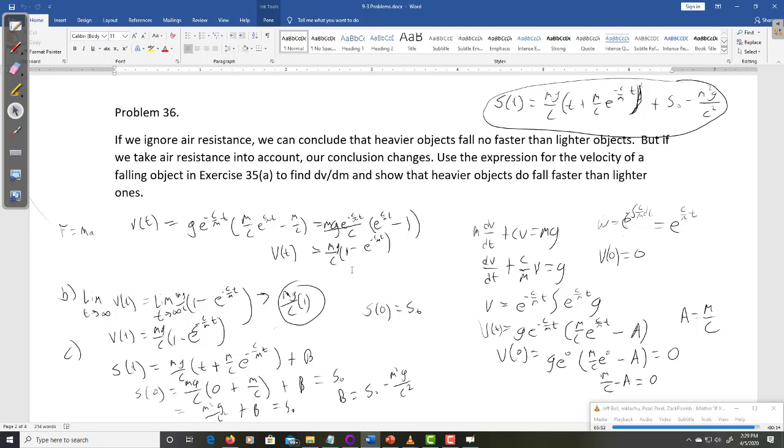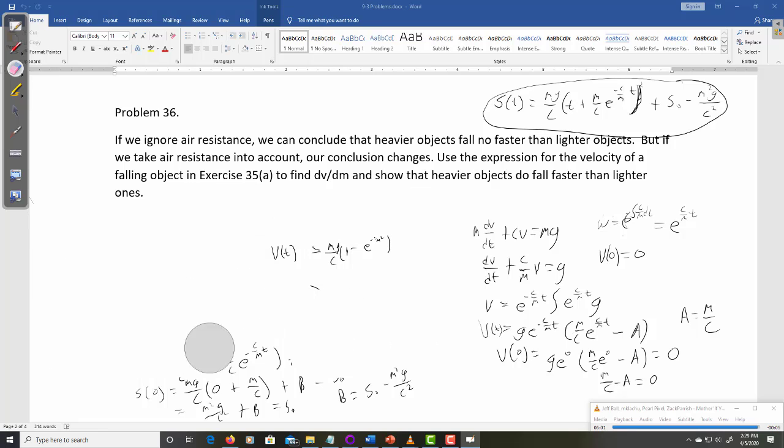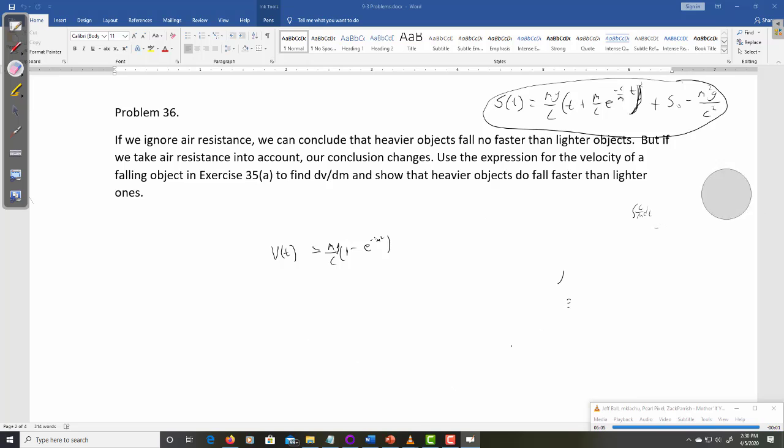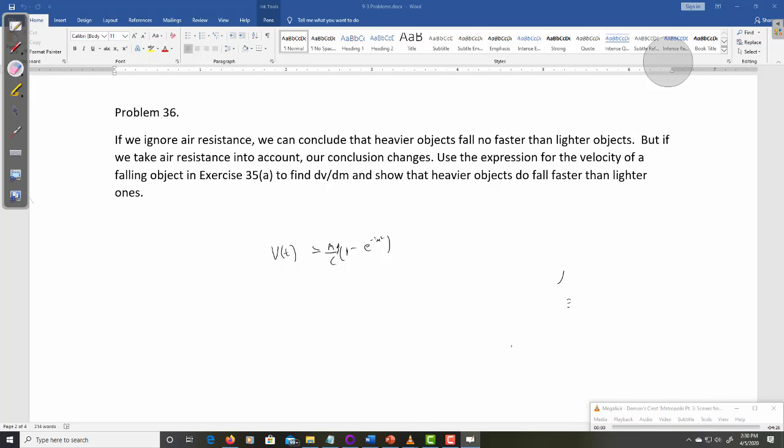Alright. Let's do some erasing. So we want to find dV/dm because we want to know if the velocity changes as the mass changes.